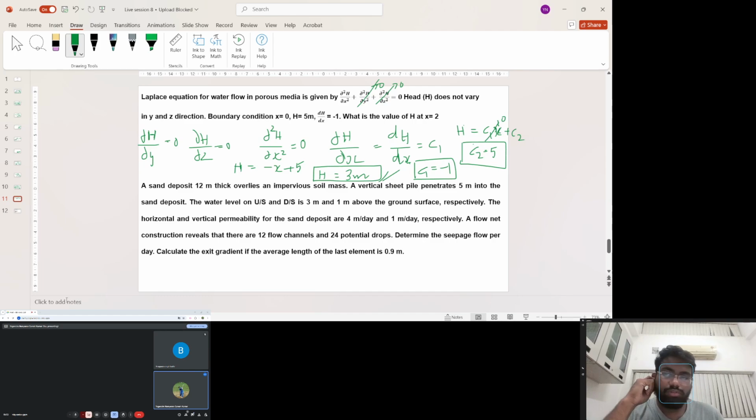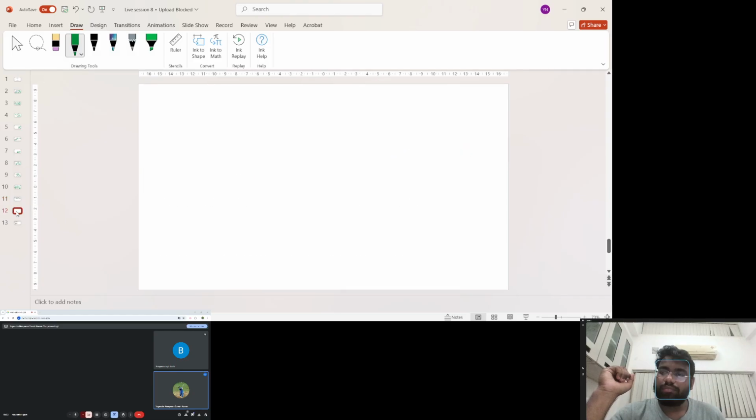So for that we have to first depict the question in a diagram. This is the ground level.